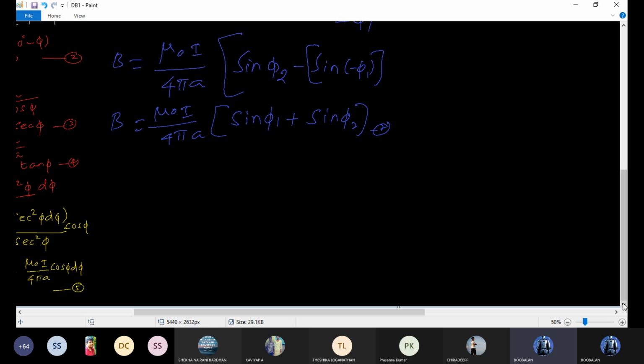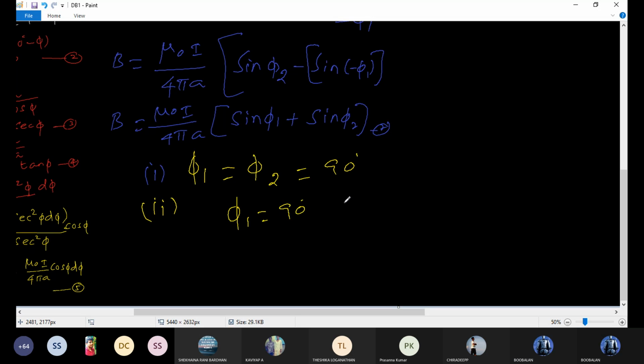Okay, last only one step, ma. After that we'll complete. The first case is over: the pi 1 value and the pi 2 value are 90 degrees. Now the second case: pi 1 value is 90 degrees, and pi 2 value is 0 degrees.